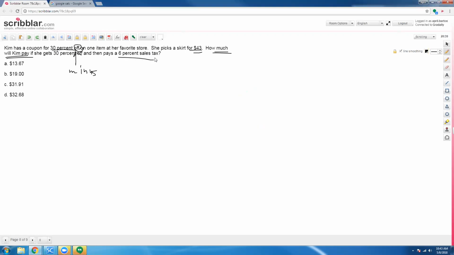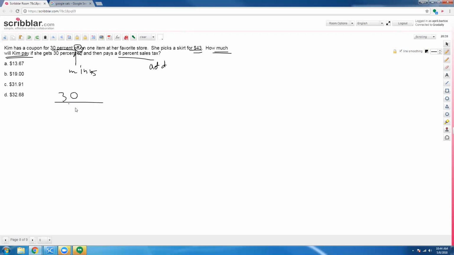Okay, how about the sales tax part? For sales tax, is that taken off our total or do they add it to our total? Good. So sales tax, that's added to our total. And that doesn't have any math keywords. We just need to know, well, sales tax, the government is collecting more money on top of the purchase we're making. So let's start with 30% off.